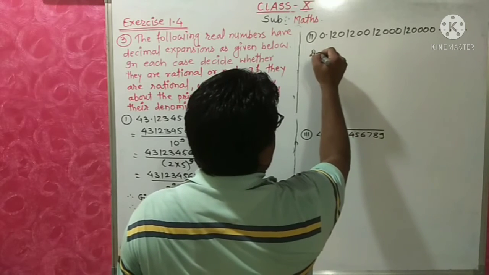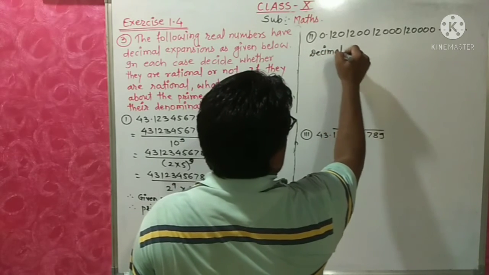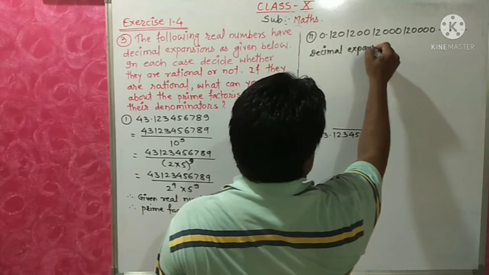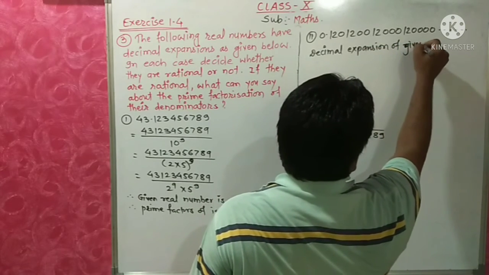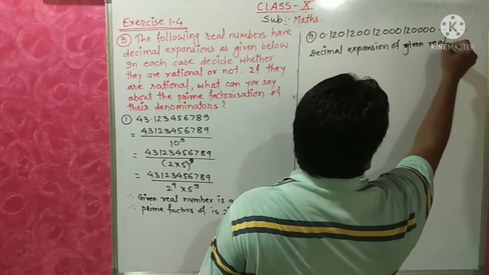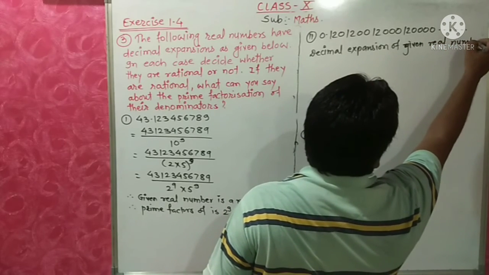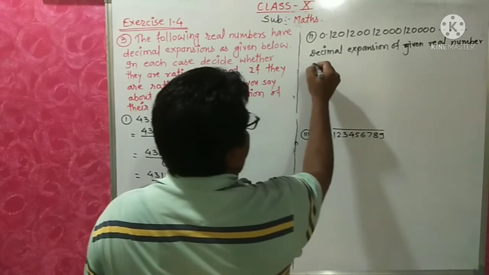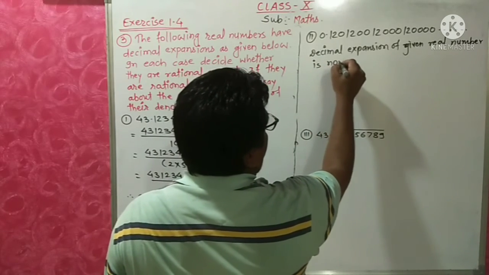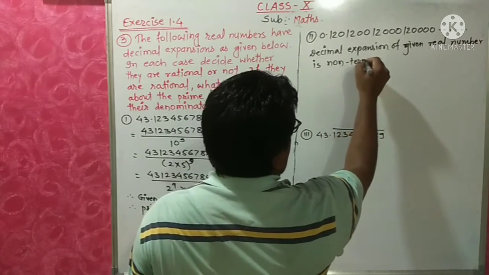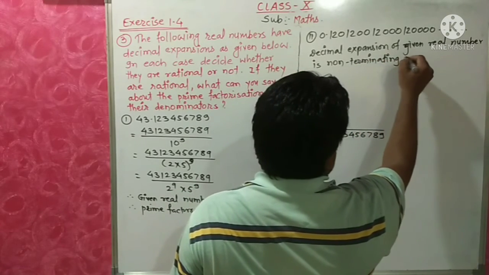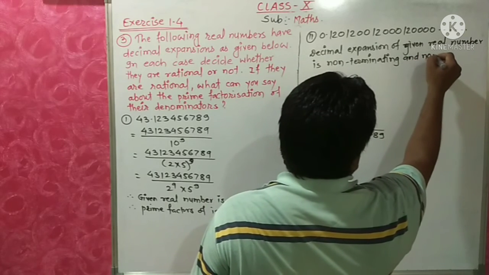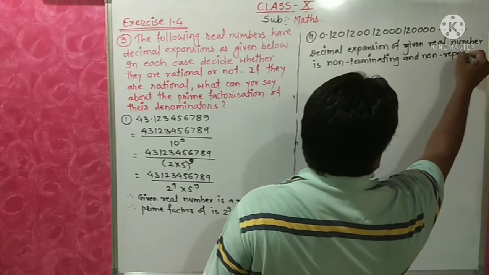The decimal expansion of the given real number is non-terminating and non-repeating.